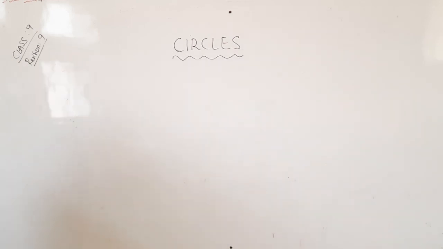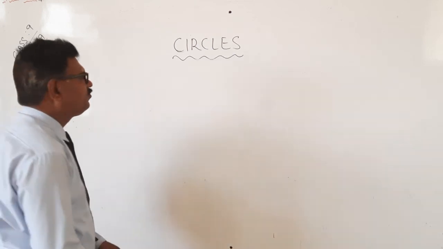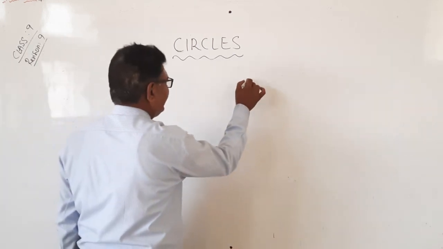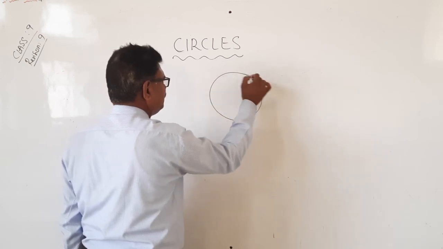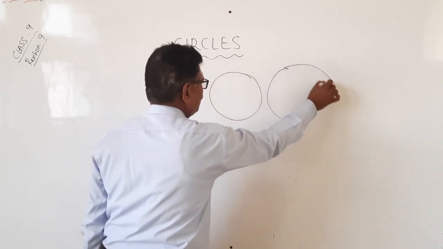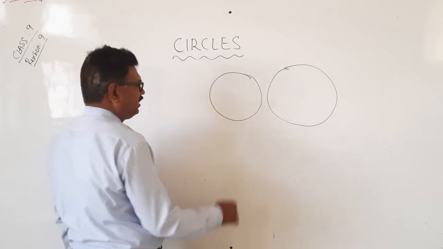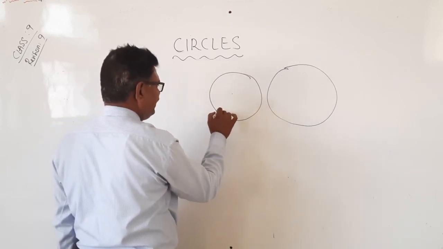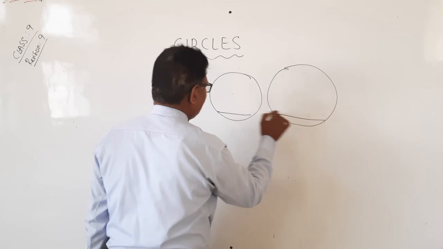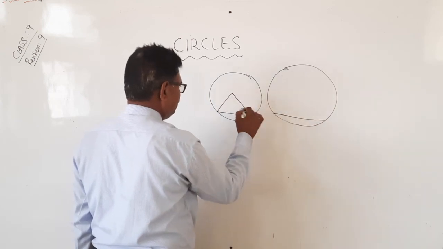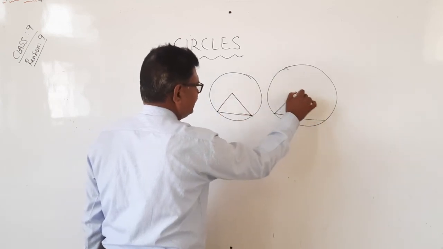Second problem. Prove that if parts of congruent circles subtend equal angles at their centers, then the parts are equal. Very simple. Again the same proof, only a little bit of change. If you take two congruent circles, congruent means what I told, the radii will be same.